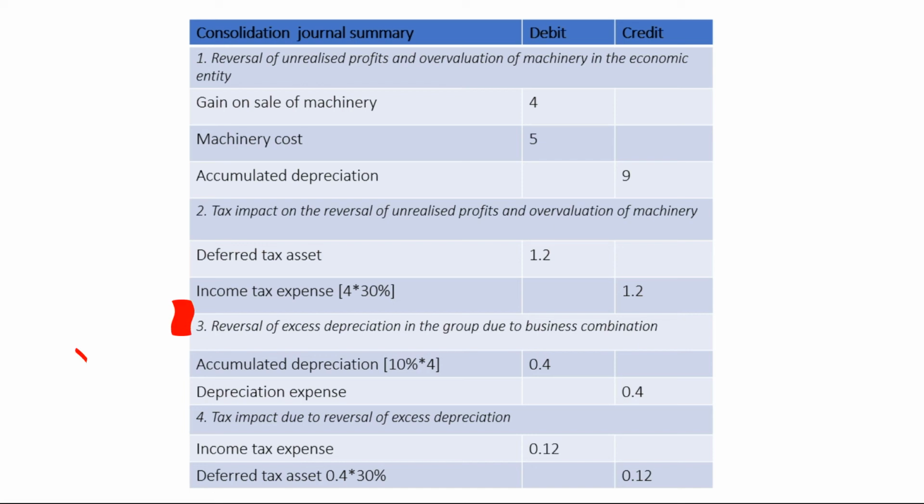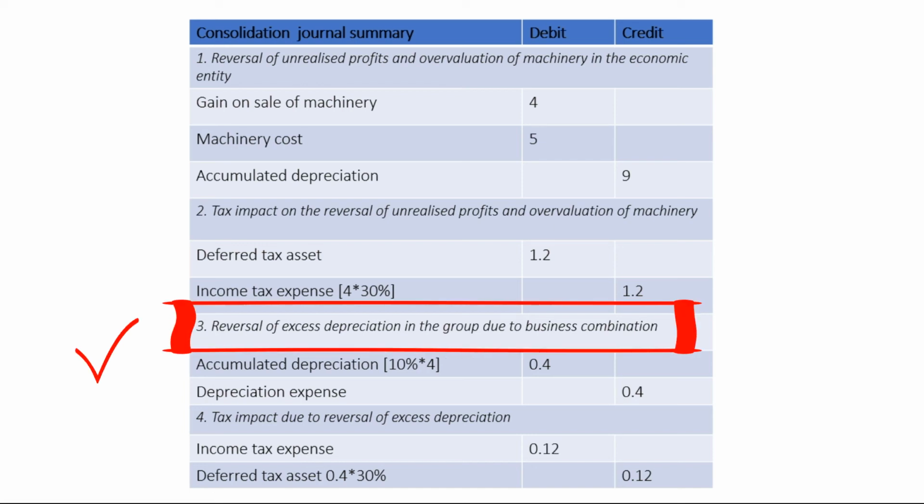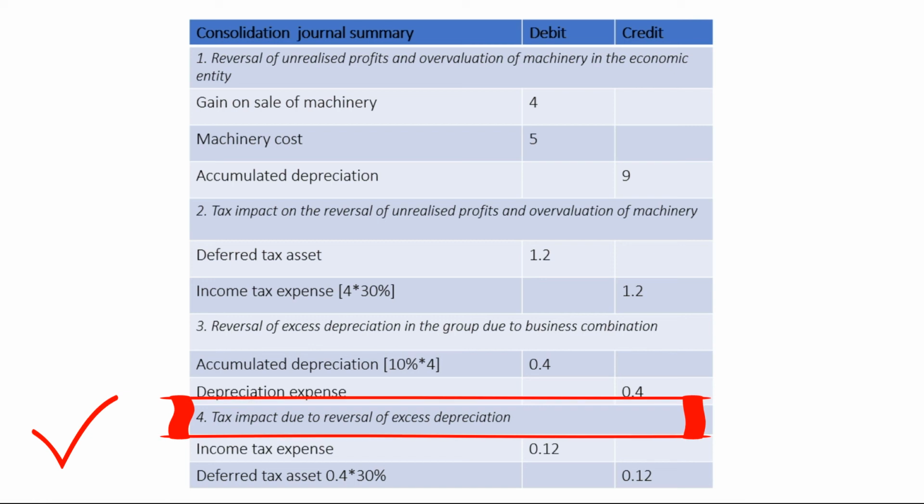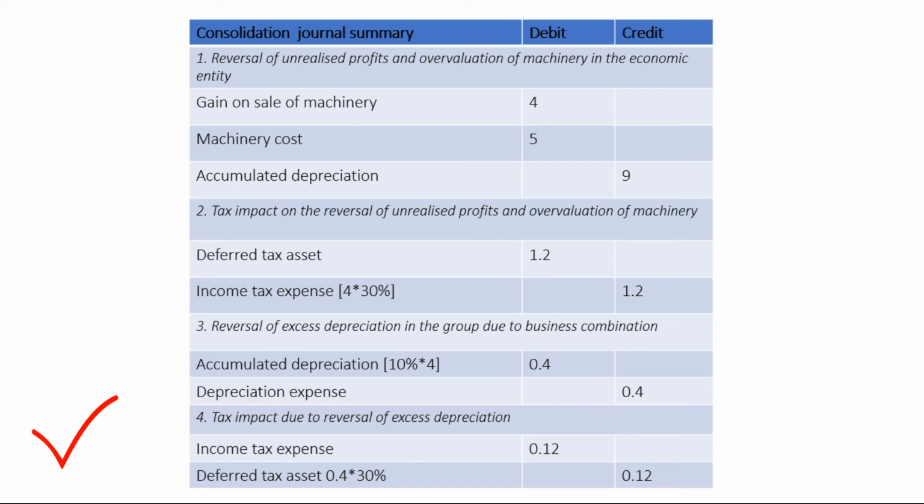The third is the reversal of excess depreciation in the group due to the business combination. Fourth is the tax impact that arises due to the reversal of excess depreciation.